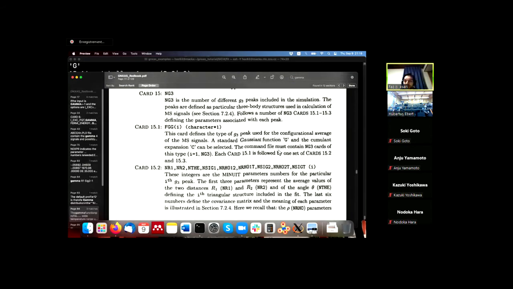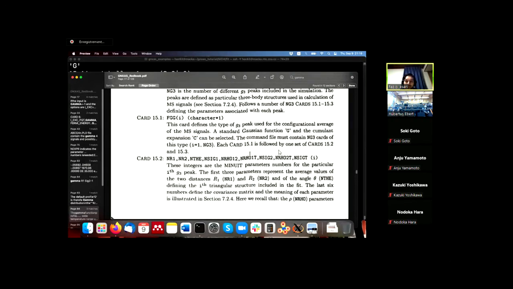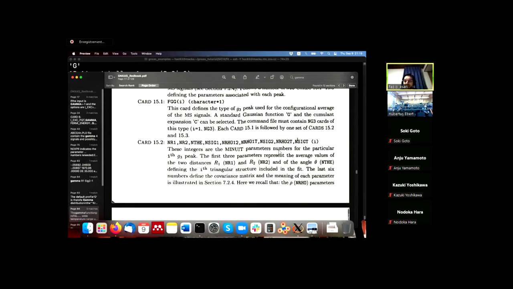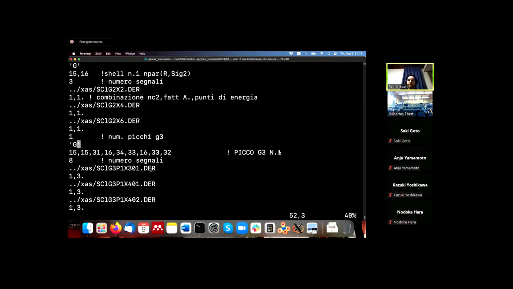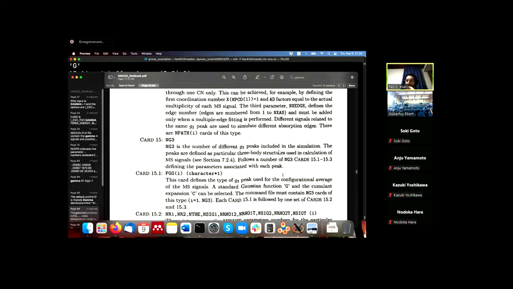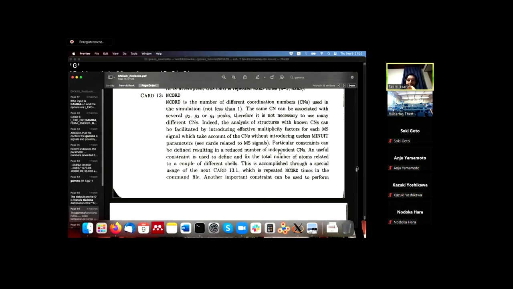G3, so we have the standard Gaussian function with G, or we can have also here this cumulant expansion. And then we have a set of parameters. So in this case, for three-body it is much more complicated because we have two distances and the angles. Plus we have the correlation matrix. I think Andrea explained this this morning.